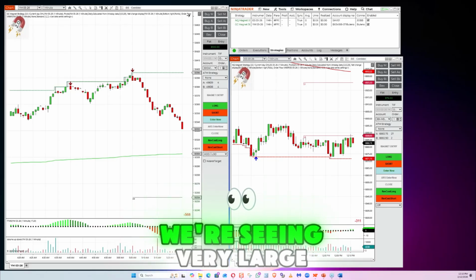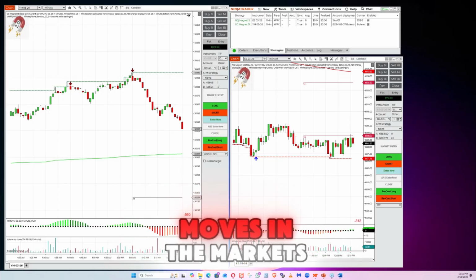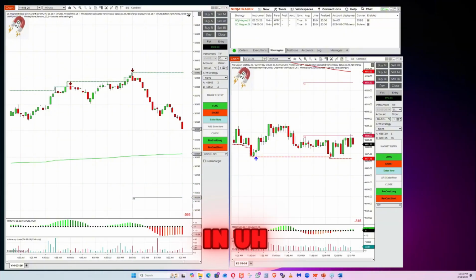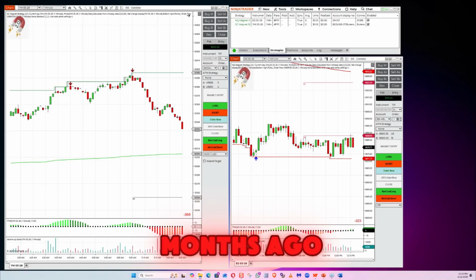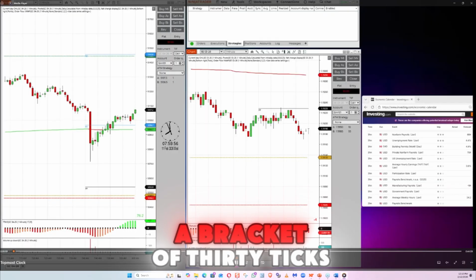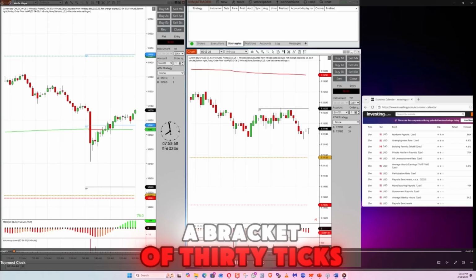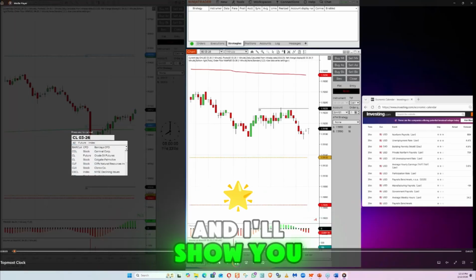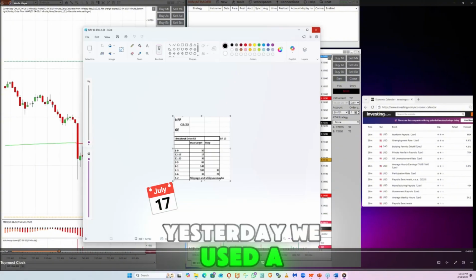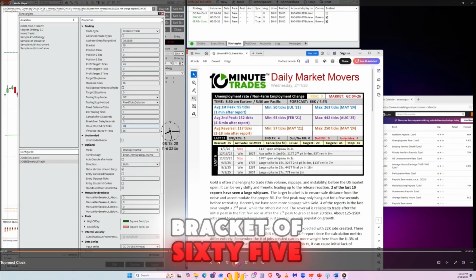We're seeing very large moves in the markets, bigger than what we've seen even a couple of months ago, even a couple of weeks ago. The markets are very volatile, where we might have a bracket of 30 ticks on gold, and I'll show you what I mean when I say a bracket. Yesterday we used a bracket of 65.